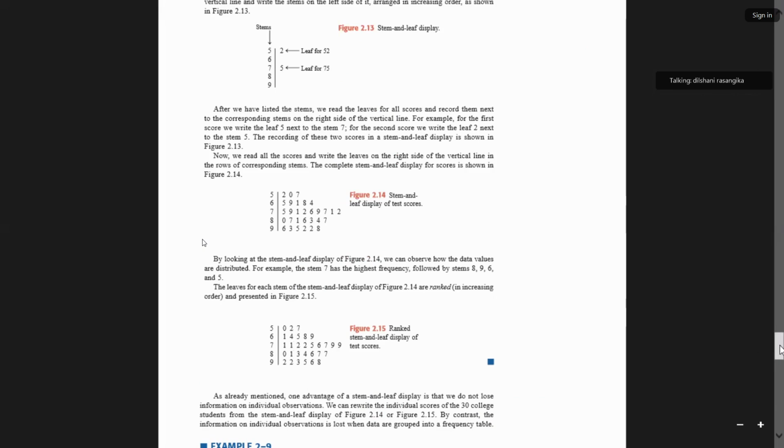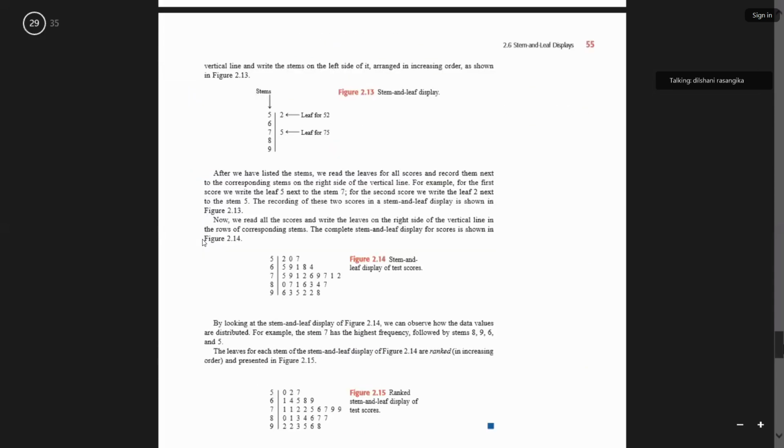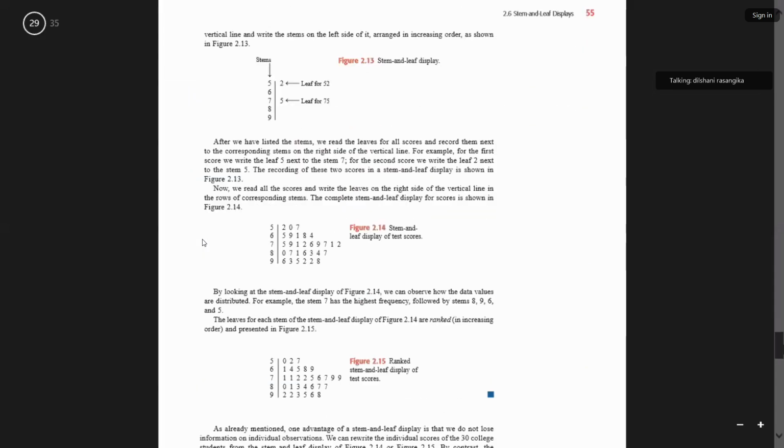Okay then, tell me, how many values are there in this example? There are 30 values, right? 30 values, 30 data, right? Then how can you find the median, Q1 and Q3 easily?